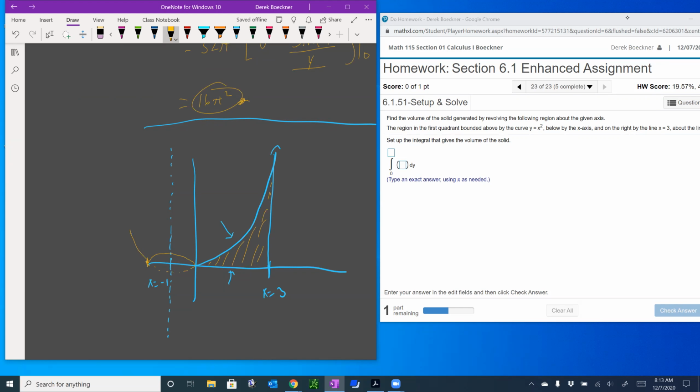And then this figure will have either washer-shaped cross-sections if I go horizontal, or I think the better idea is probably to go vertical. So let's draw that again.